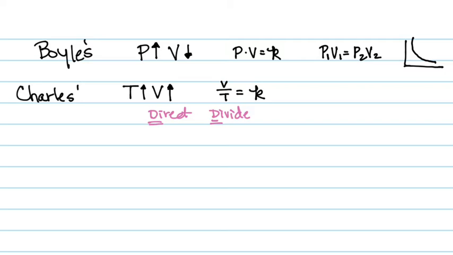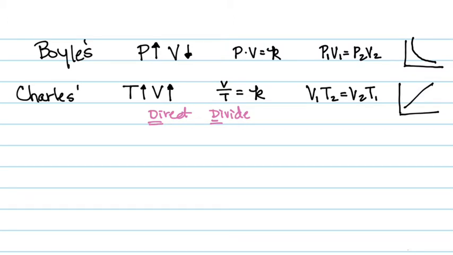And if we were to set this into an initial and final scenario, because temperature is in the denominator, if you want it back in the numerator, you have to flip which side of the equation it is on. So notice that the temperatures, the 1 and the 2, have been flipped around. Again, we have everything in what's considered the numerator position, nothing in the denominator. So those temperatures have to get flipped. And for this, since they're directly related, they would give you some sort of linear graph whenever you graph them.